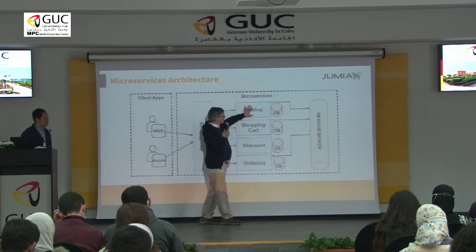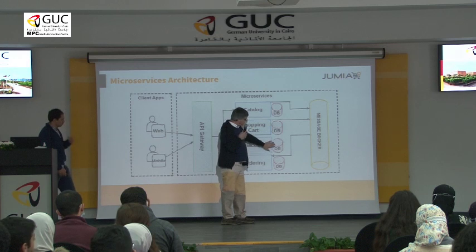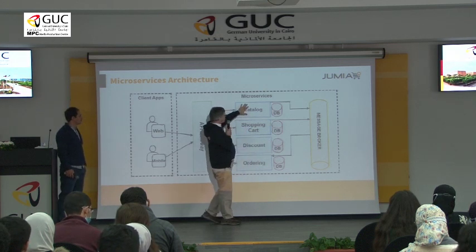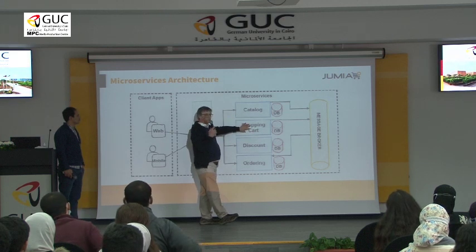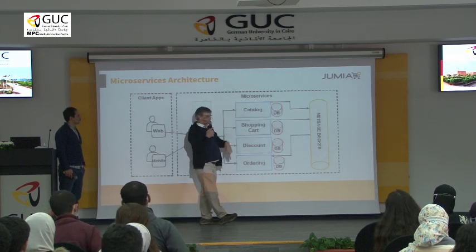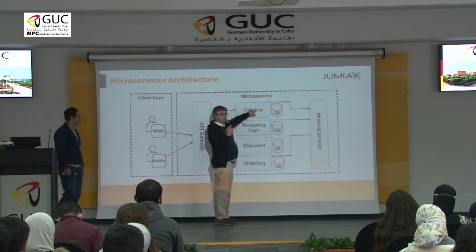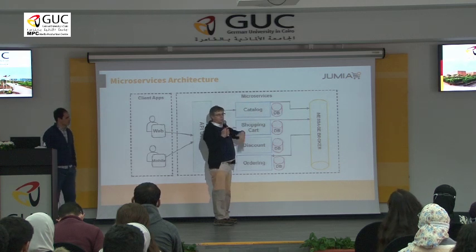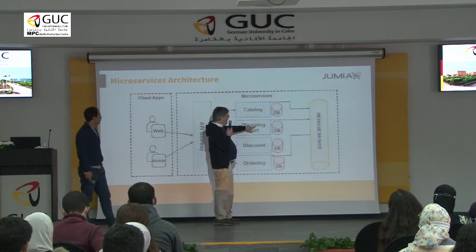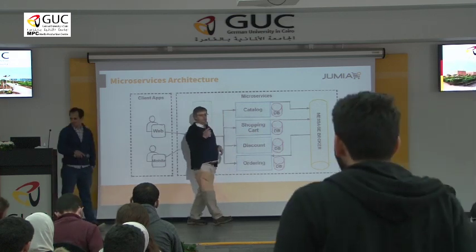So we have an application with its own database, another one with its own database, another one with its own database. The user is buying something, there's something in the shopping cart, there's a code there, like product ID, but the shopping cart needs to speak with the catalog, okay? So it needs to know the name of the product and the price and all that. So how would you do this communication?